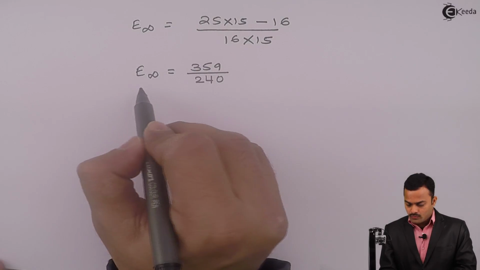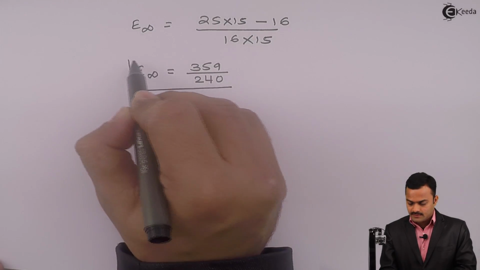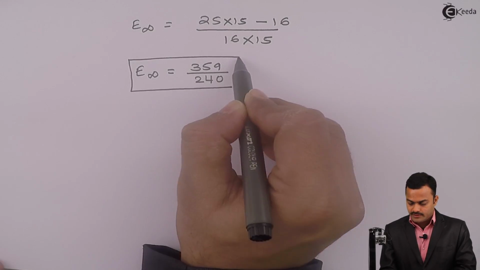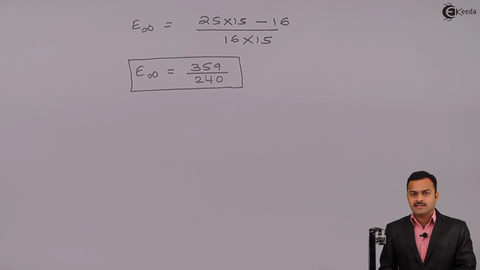Don't concentrate on what number we are getting. Just understand that the energy we are getting over here is a finite number. Hence the given signal is an energy signal.